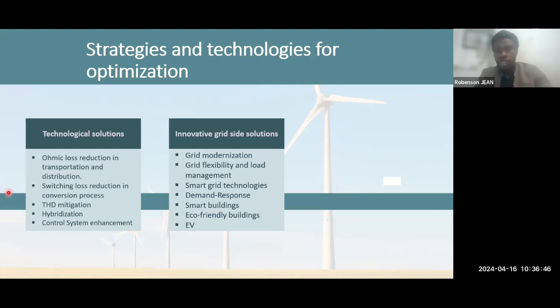So this results in an increase of the efficiency of the grid, an increase in the resilience, and it also helps us to improve the integration of variable renewables into the grid.